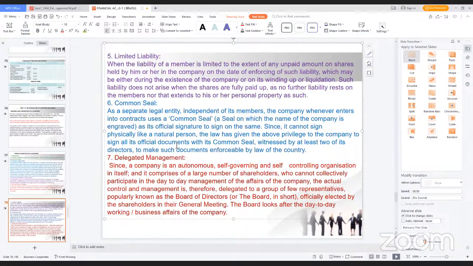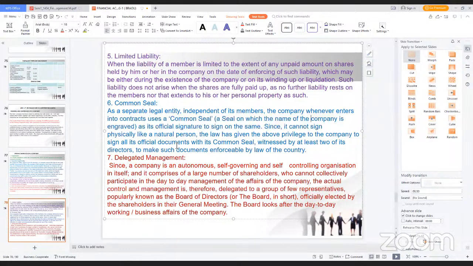It is comprised of a large number of shareholders, thousands of people, who cannot collectively participate in the day-to-day management. Whatever efforts are going on, they cannot come and give their suggestions. So the actual control and management is delegated to a group of a few representatives, that is, the board of directors, officially elected by the shareholders.